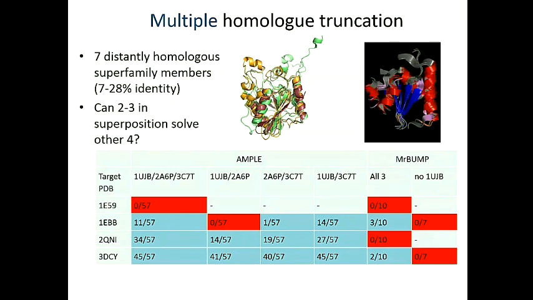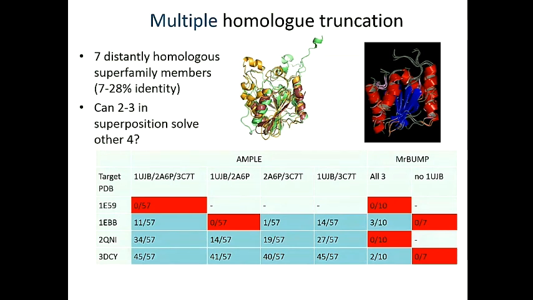And if you watch this animation, AMPLE will truncate down progressively, producing search models of all of these sizes. And the smallest ones contain, indeed, this region at the end of this beta sheet, which is exactly where the conserved catalytic site is.